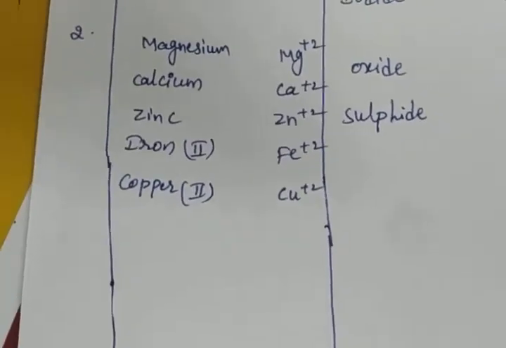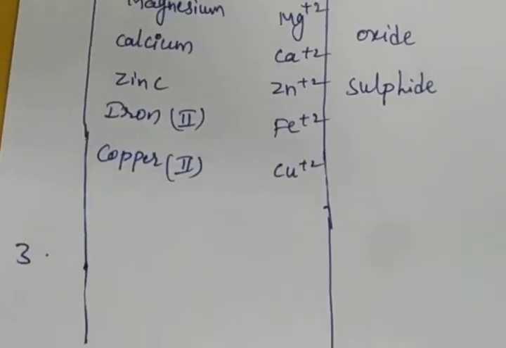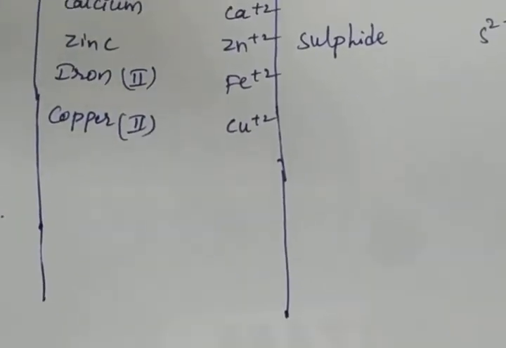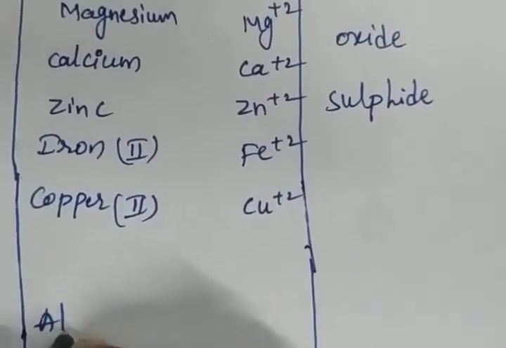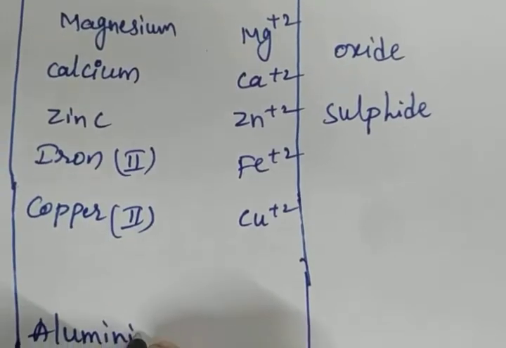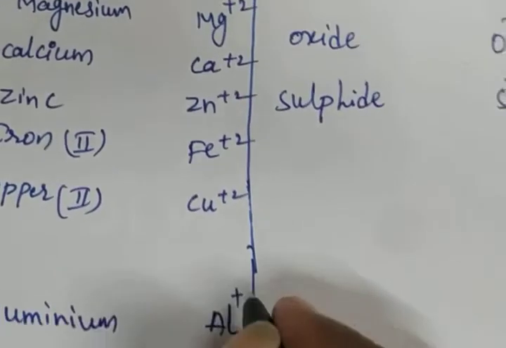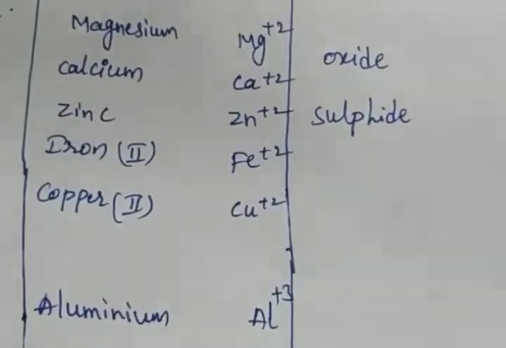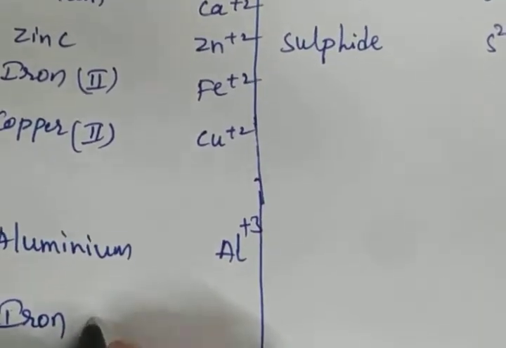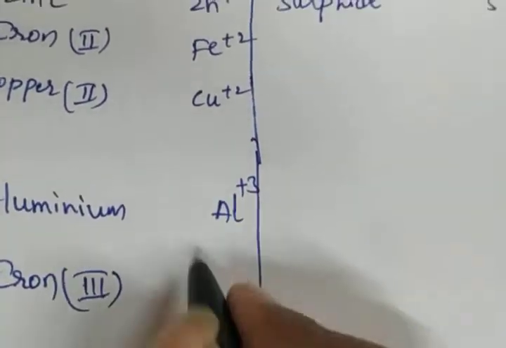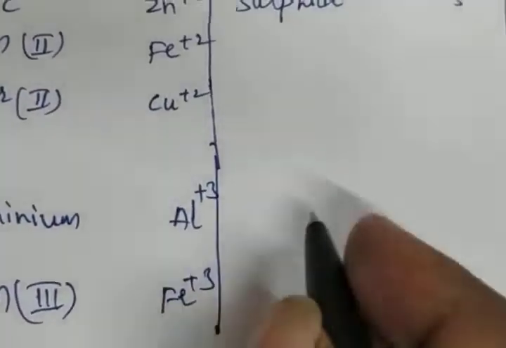Now the last one, valency 3. Which ions have valency 3? Aluminium ion is there, and iron. Aluminium is Al plus 3. Iron 3 is Fe plus 3.